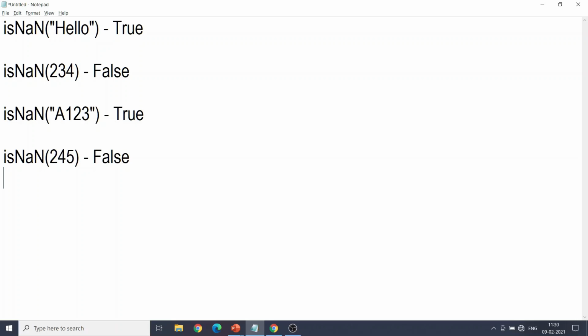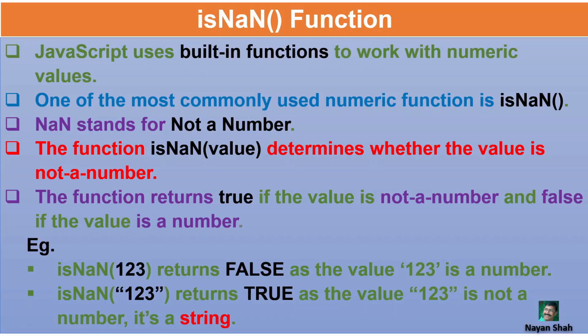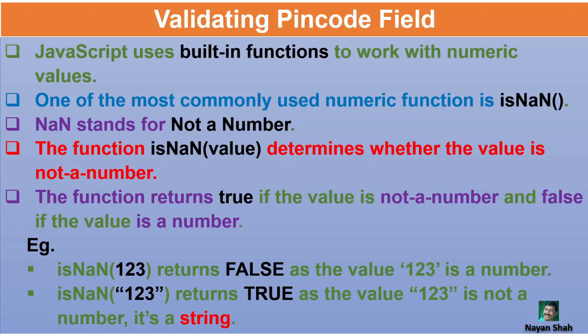So these are some of the examples. If this thing is asked in exam, you can make a sentence, that is, is hello not a number? Then you say true, or you say is 234 not a number, and that is how you check the value. So that is the isNaN function.